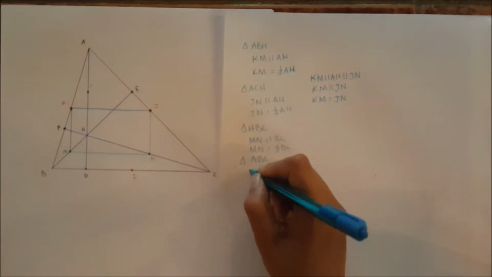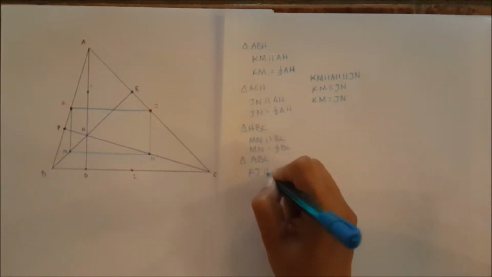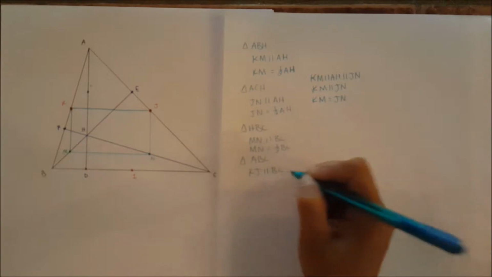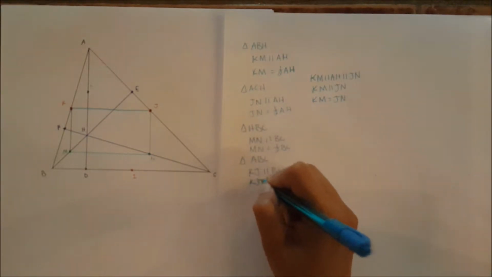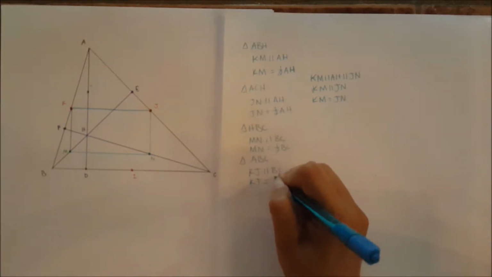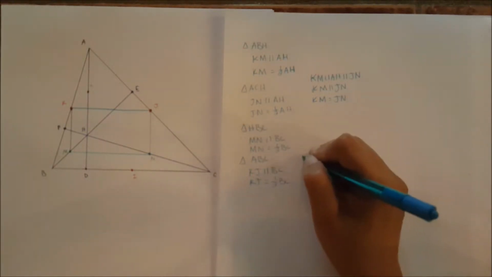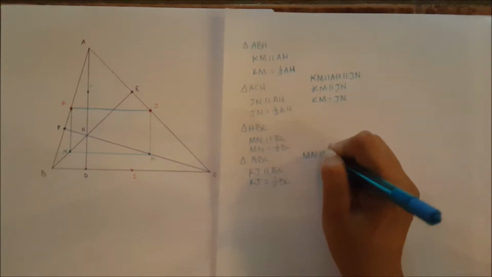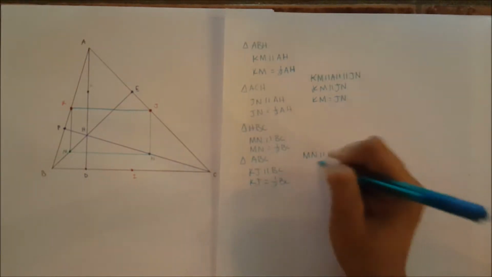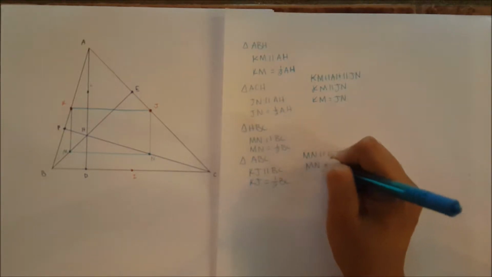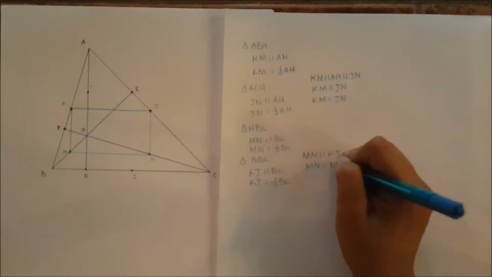So we can write that KJ is parallel to BC, and KJ is equivalent to half of BC. And here we can conclude that MN is parallel to KJ, and MN is also equivalent to KJ.